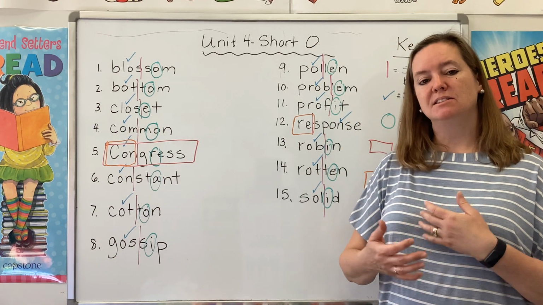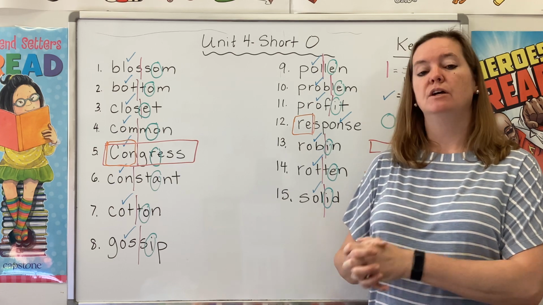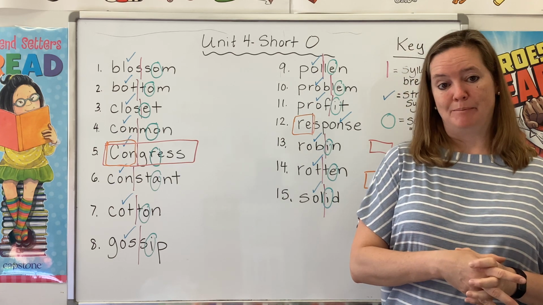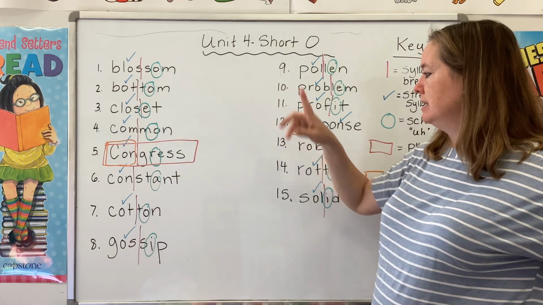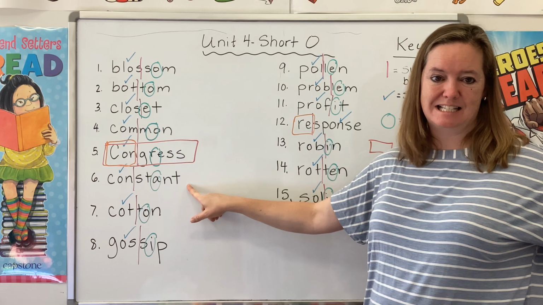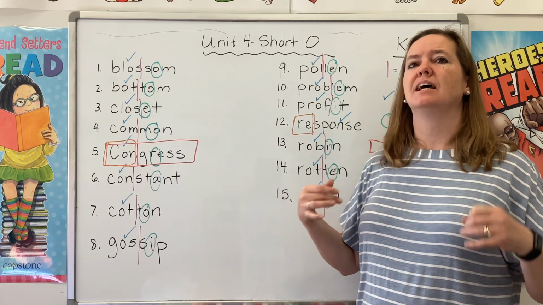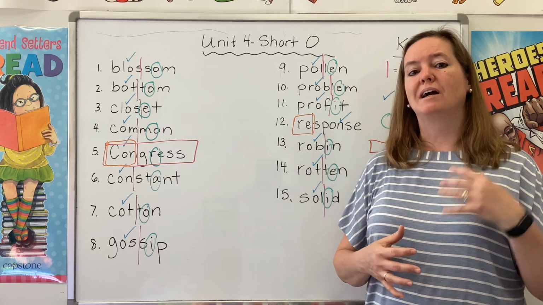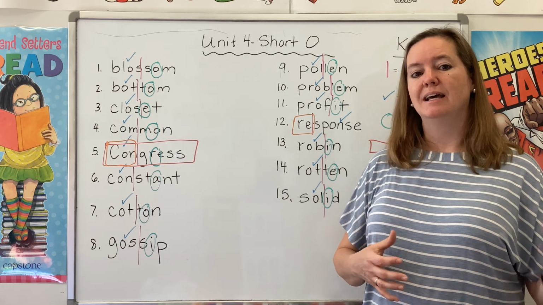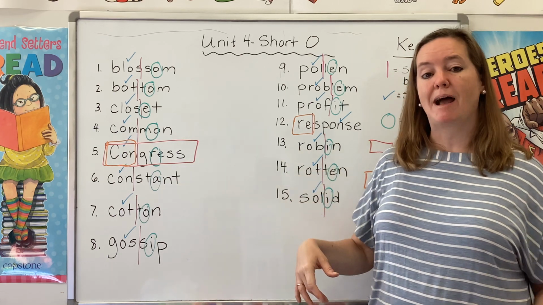The ly suffix changes an adjective, a describing word, to an adverb. So, for instance, I have the word constant, right? If there is constant traffic outside my window or constant noise, constant means non-stop. It is a describing word.